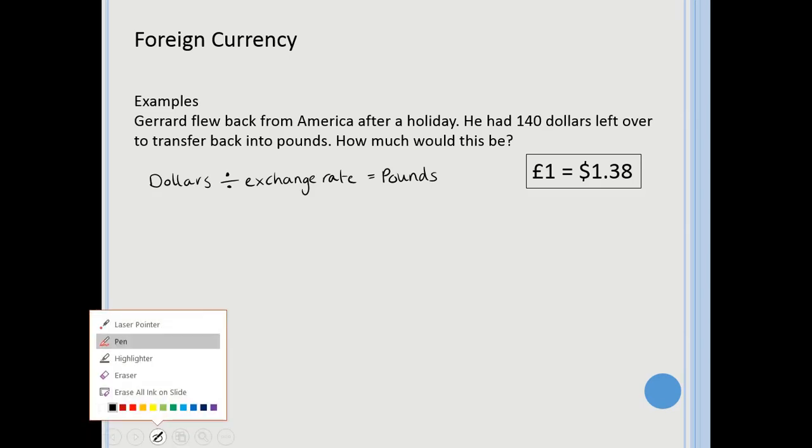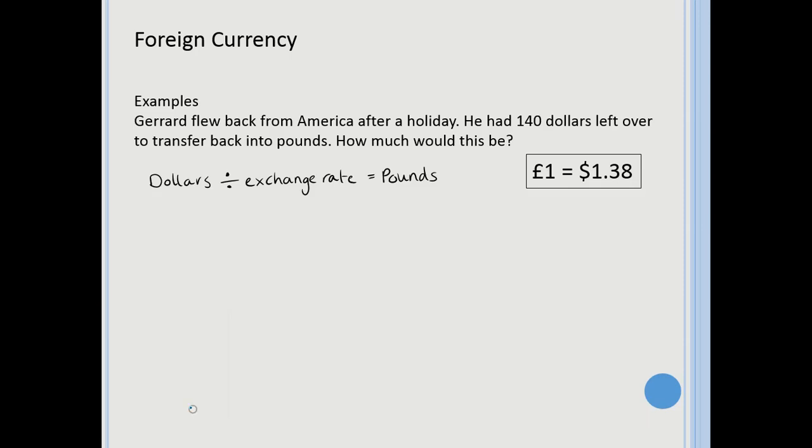That's just in there so you know where I'm getting the numbers from. So I've got $140, so I'm going to put 140 in here. And my exchange rate is £1 is equal to $1.38, so I'm going to divide by 1.38.